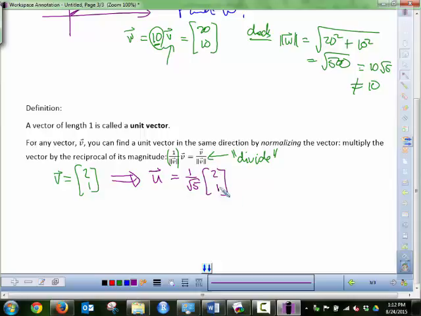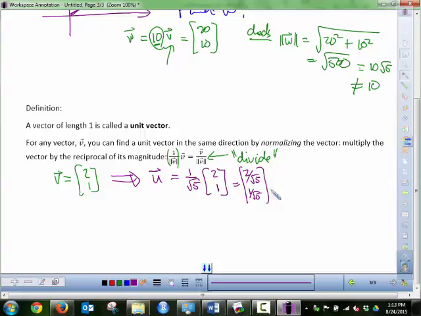So that's the magnitude. And so if we multiply this 1 over the magnitude by the vector, let me write it out. Then we have a unit vector in the same direction as v.